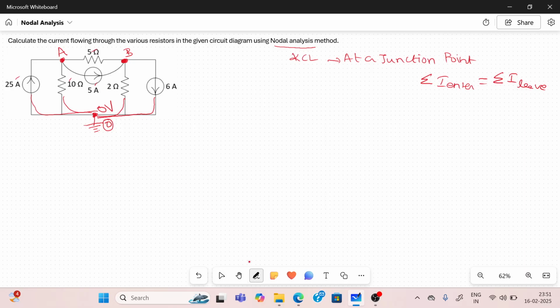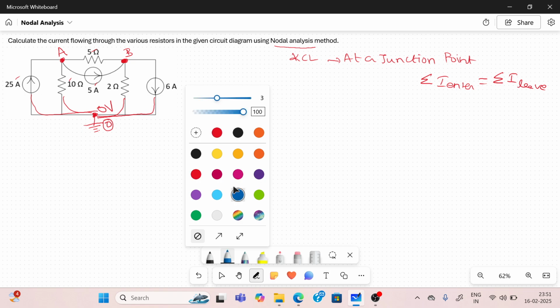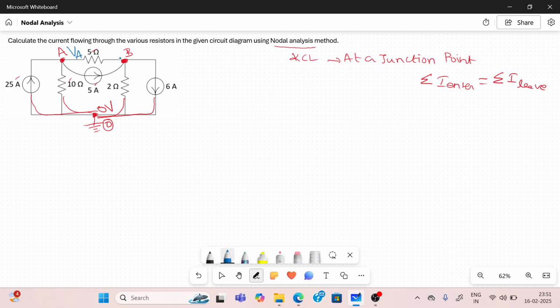I have to assume the node voltages: the node A voltage I consider as VA, and the node B voltage I consider as VB. What is the meaning of node voltage?